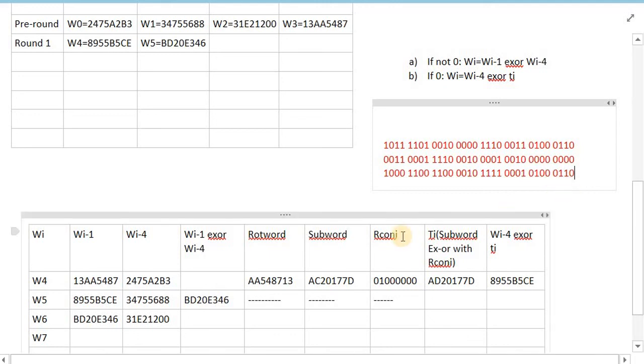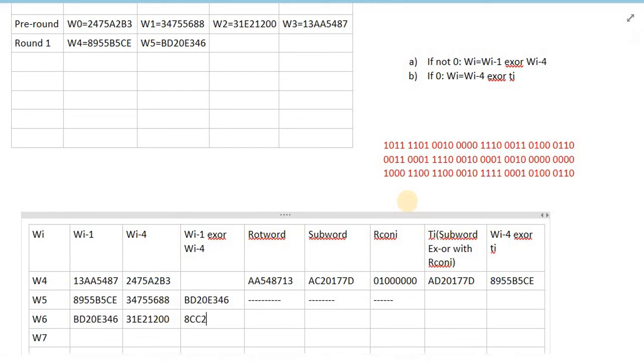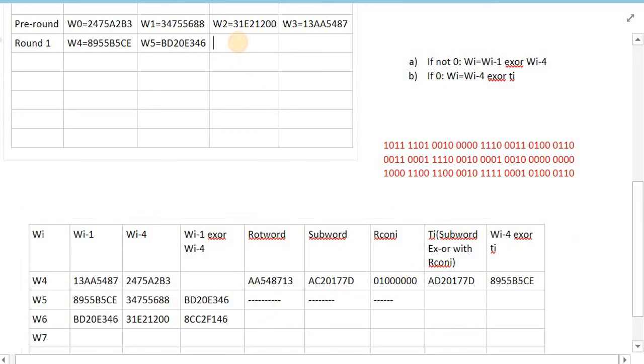So what should be the hexadecimal equivalent? That is 8, 1100 is C, again C, then 2, then F, then 1, then 4, and this one is 6. So now in this term my W6 value is calculated, that is 8CC2F146.